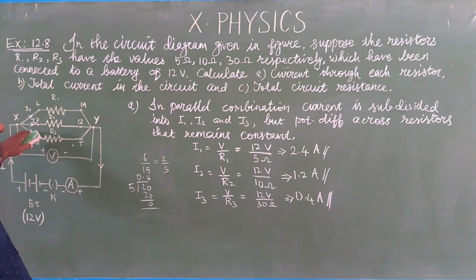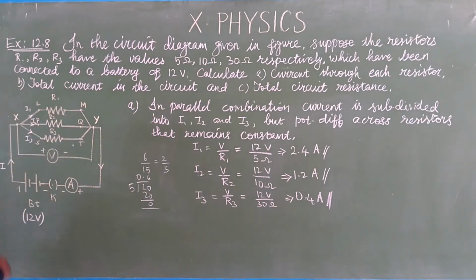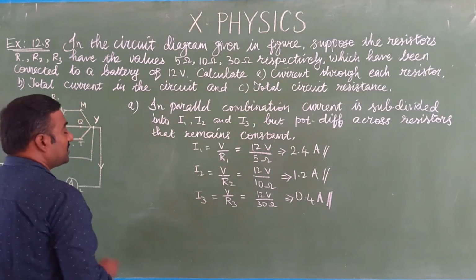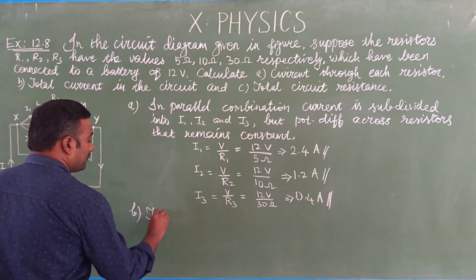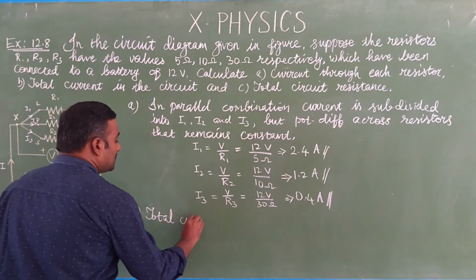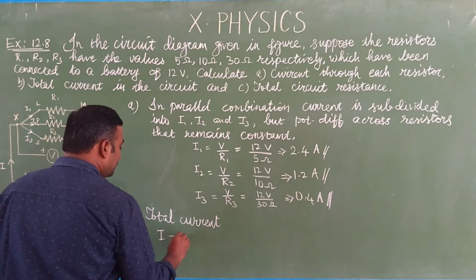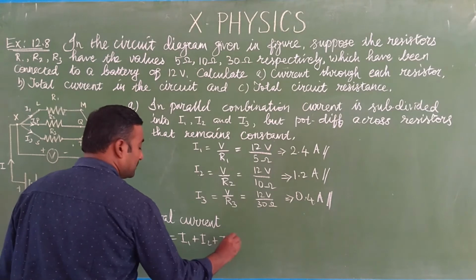Okay. The next one, they have asked us to find the total current in the circuit. What is the total current? We already know that the total current I is equal to the sum of the individual currents through the resistors. Am I right?